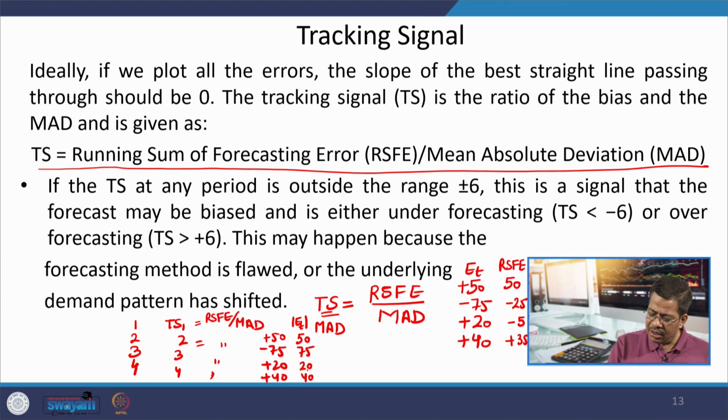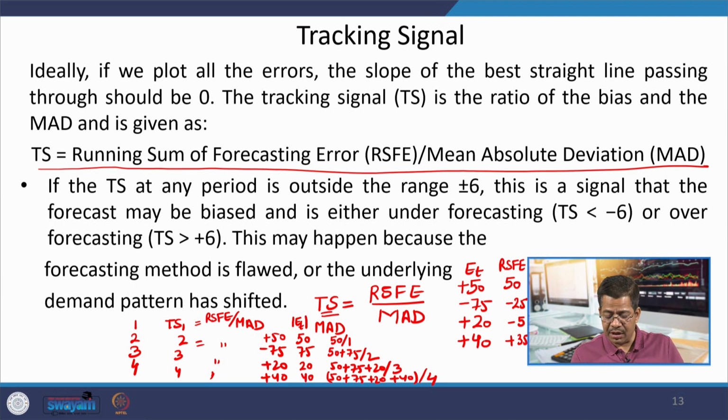Now, MAD will be 50 upon 1, 50 plus 75 by 2, 50 plus 75 plus 20 by 3, and 50 plus 75 plus 20 plus 40 by 4. These are the MAD calculations. So, tracking signal will become RSFE divided by MAD for the respective periods.